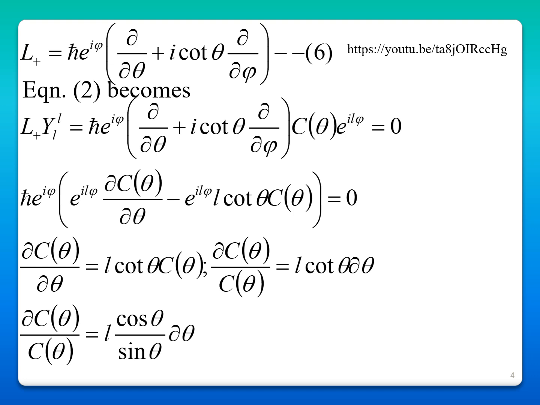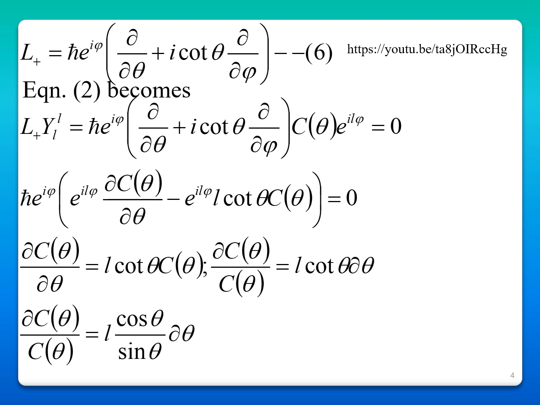And you know, L plus in terms of theta and phi is h cross e power i phi times del by del theta plus i cot theta del by del phi. So if you use this, then the equation becomes L plus acting on Y_ll is h cross e power i phi times del by del theta plus i cot theta del by del phi acting on C of theta e power i l phi. And already you know that value is equal to 0.